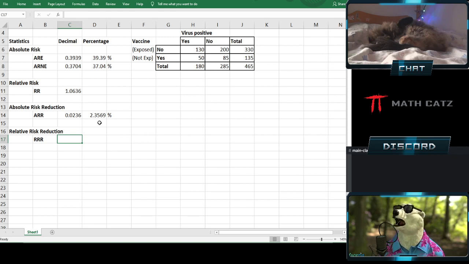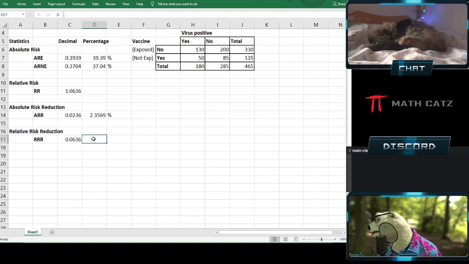So I have to look at absolute and relative. I have to look at the big picture. I can't just isolate one of these statistics and jump to conclusions. So I will calculate the absolute risk reduction relative to, so divided by, the smaller of the two. In this case, it's not exposed. It's the taking the vaccine one.